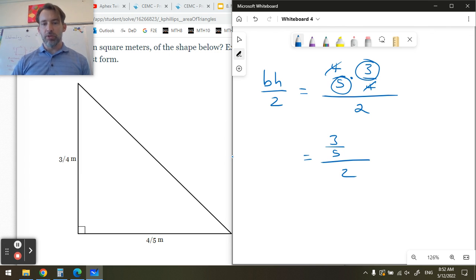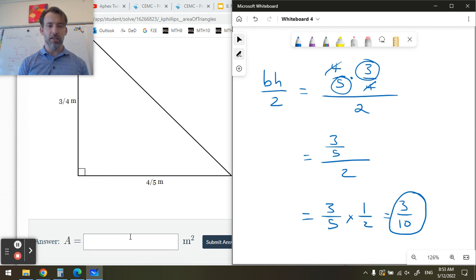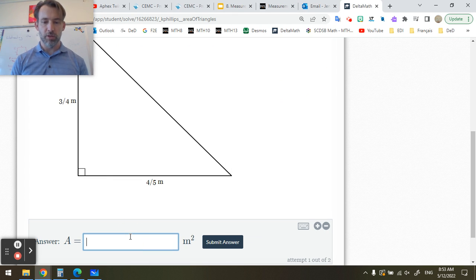And then 3/5 over 2 is the same thing as 3 over 5 times 1/2, which is equal to 3 over 10. 3 over 10 is already a fraction in simplest form, so I can put that in as a number of meters squared. 3/10 meters squared is my answer.